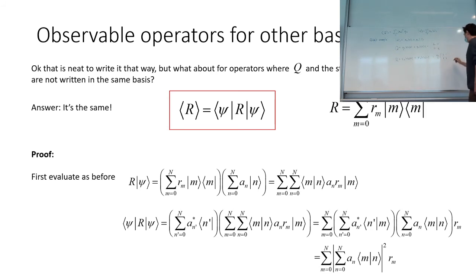So we were writing R, the matrix R, in terms of the basis of Q, right? Just to be consistent, because if we're going to write it in matrix form, we better.